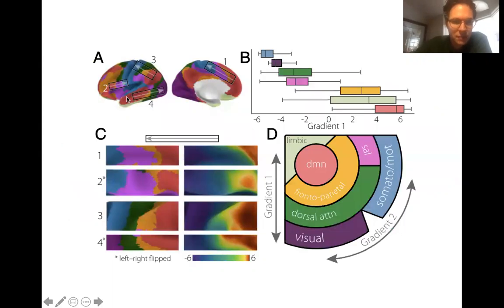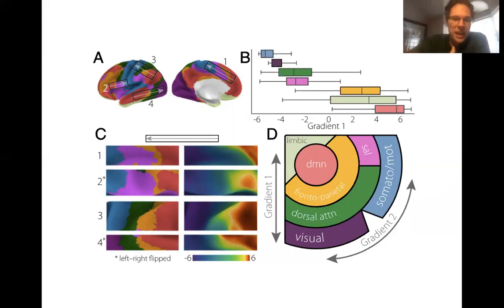One of the interesting things about these gradients is, if we take a look at the default mode network, it is one of the most important networks of the brain, because people talk about it as the task negative network. It's the network that's active when you're not actively engaged in something, and it is responsible for more metabolic demand than any of the other brain networks.